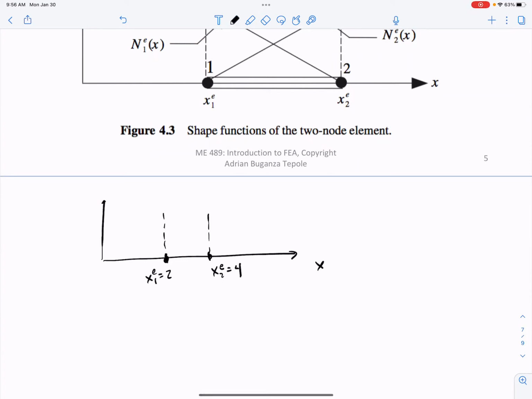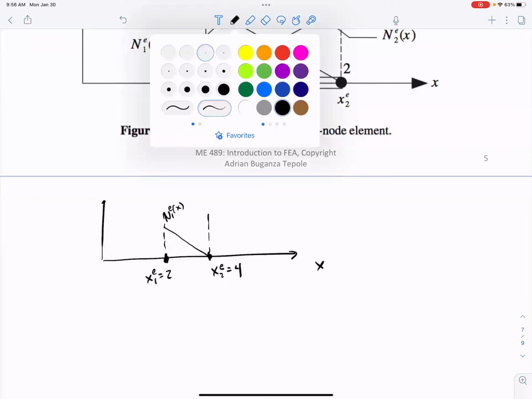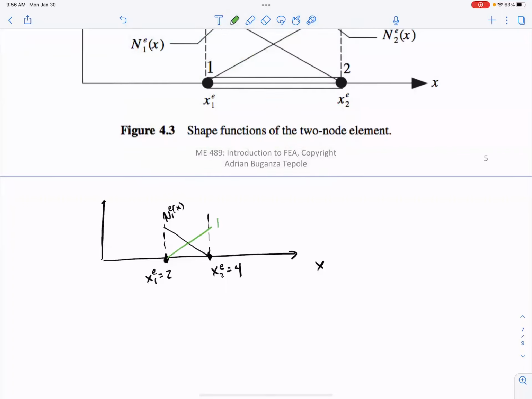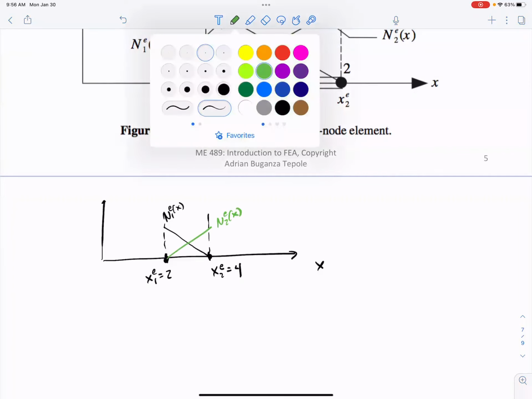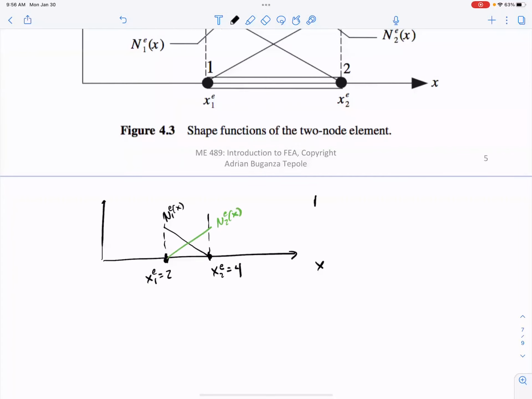Can you tell me what the N1 function should be and what the N2 function should be? I'm not the only one talking, so I'll give you maybe 3 minutes to tell me what N1 of X is and N2 of X is.